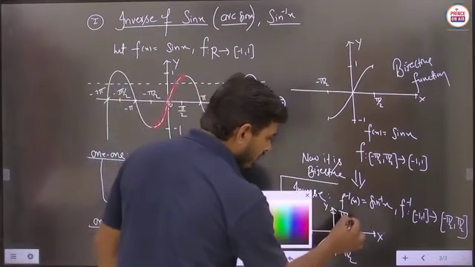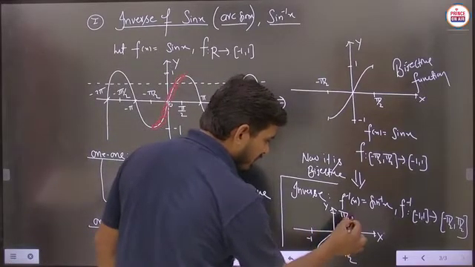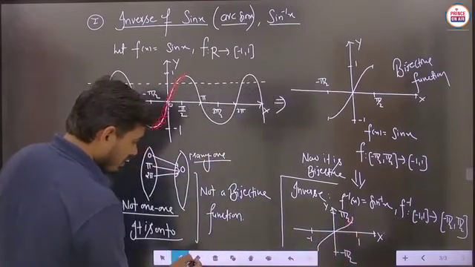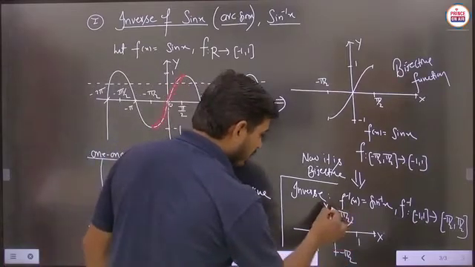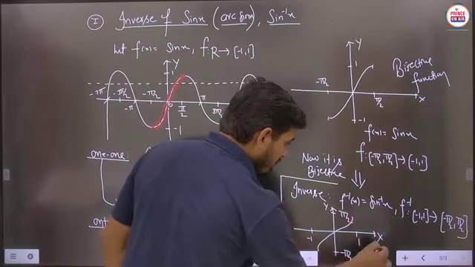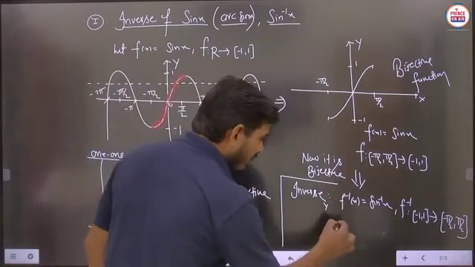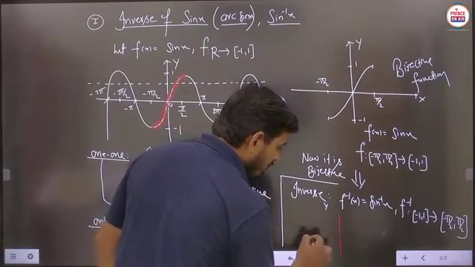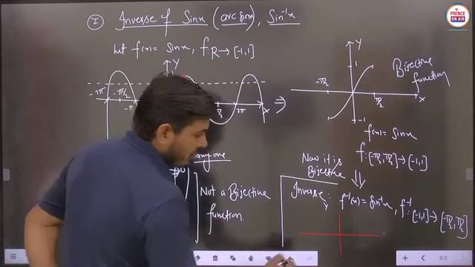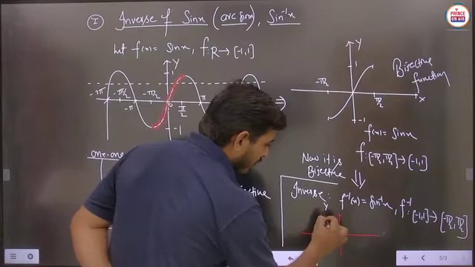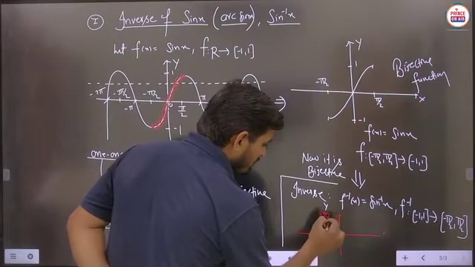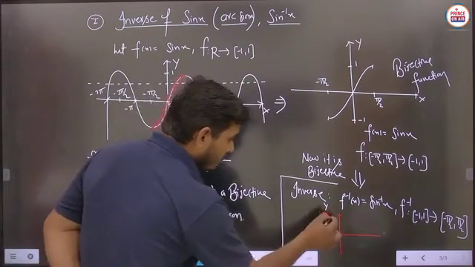Now you can check the graph. So again we will draw the graph with another marker. Basically, students, in this case, suppose we are plotting the graph of this particular function, then you can say that this is plus pi by 2.